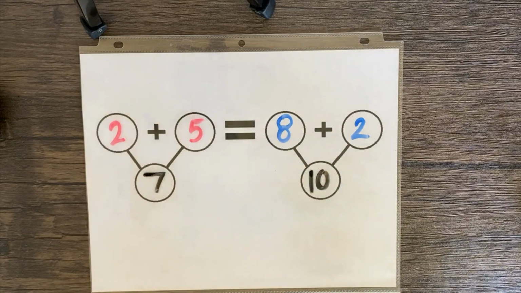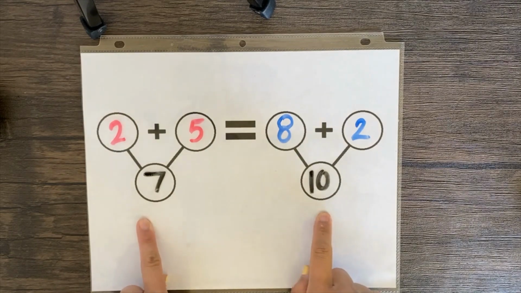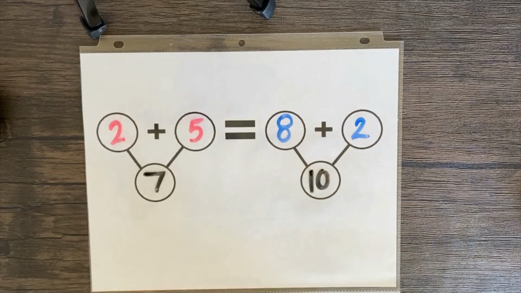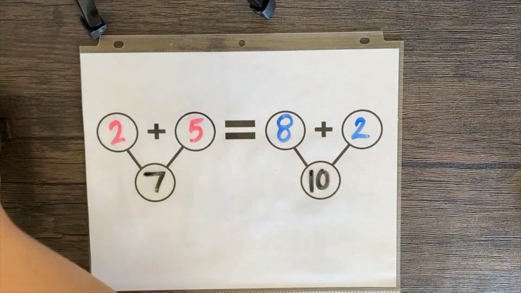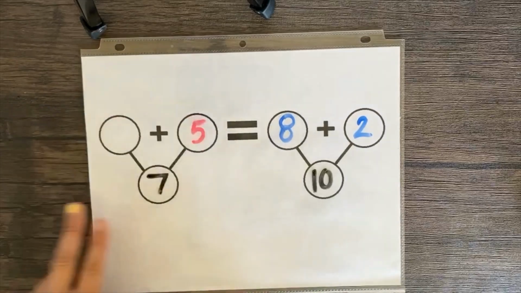How can we make a balanced equation based off of what we already have? Go ahead and tell a friend or a family member how you would change either side to make it so that they have the same total. Great. I'm going to go ahead and change this side.